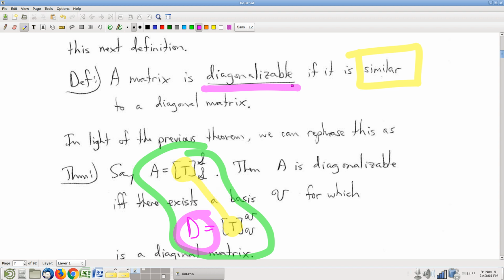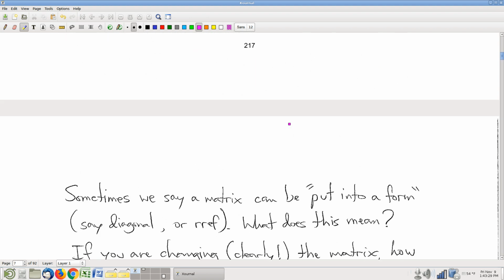So in some sense, a matrix that is diagonalizable is a matrix that you're just thinking of the wrong way. You're thinking of it with respect to an inconvenient basis. There is a better, more natural basis with respect to which to think about it that makes that linear transformation easier to understand, represented by a diagonal matrix. Okay. All right. So that's about where we left off.